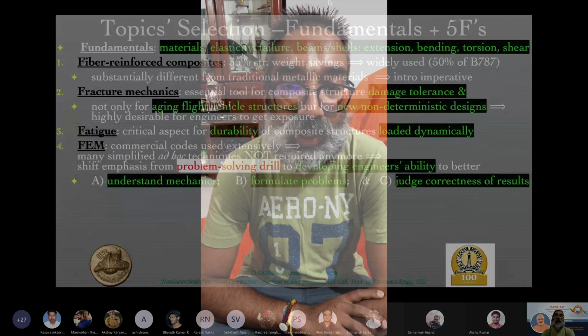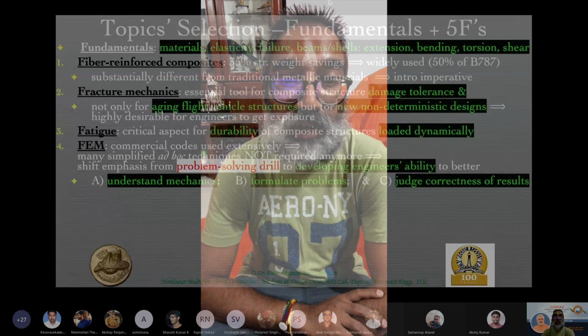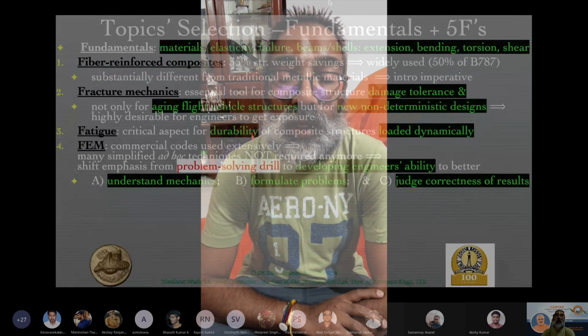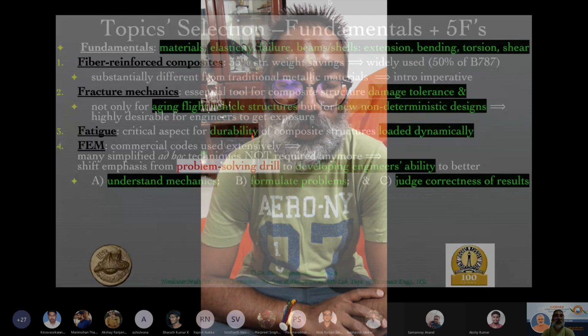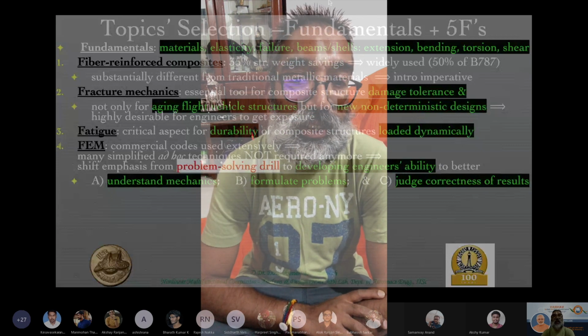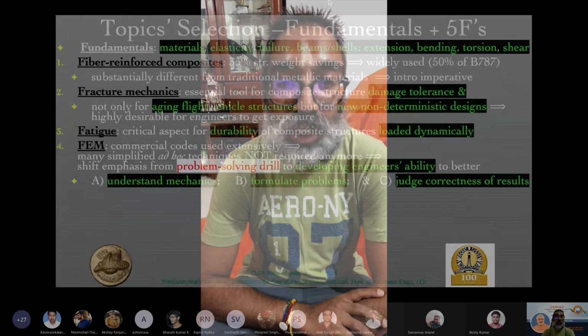And even if you have defined the problem well, is it defined well enough to go for an efficient solution? So the same correct problem definition can be in multiple ways, as we shall see, and therefore it's essential to define it in such a way that we can come up with the most efficient solutions. And when we come up with the results from a finite element software post-processing, we need to be able to judge its correctness.